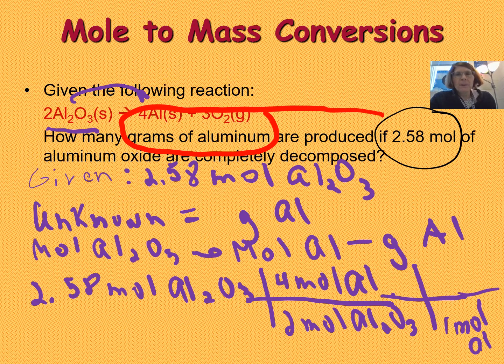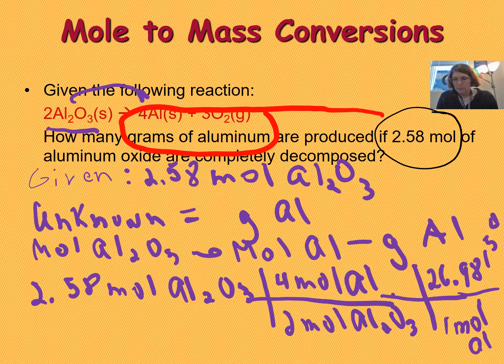And then we want to go to grams to get to grams of aluminum. So we're going to look at our periodic table. So it's 26.98154. Oops, sorry. And that's equal. All right. So we're going to put in our calculator.